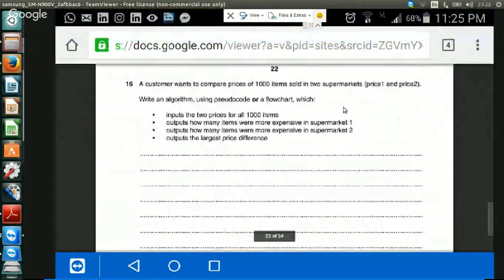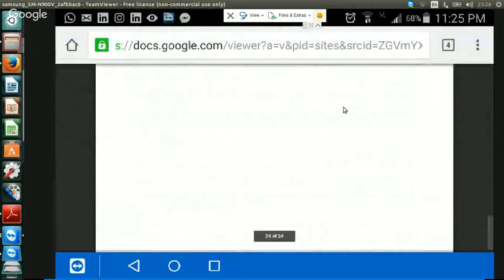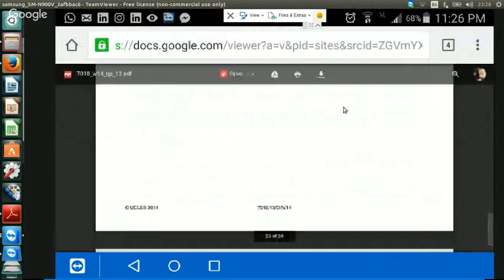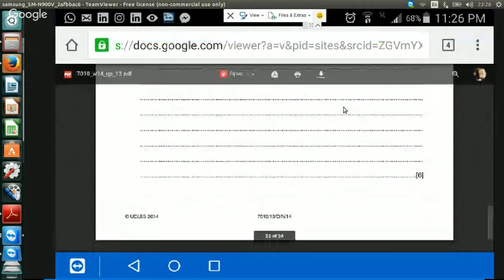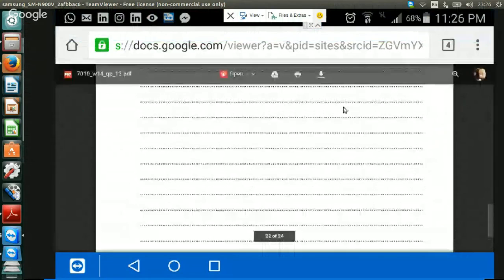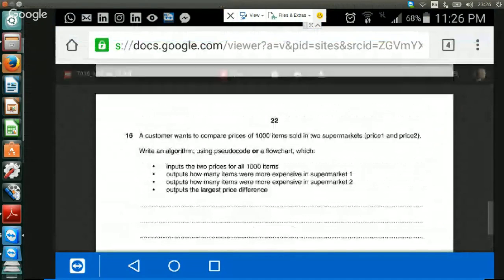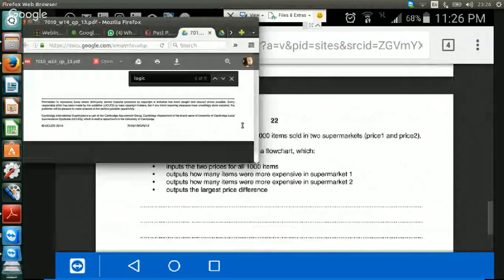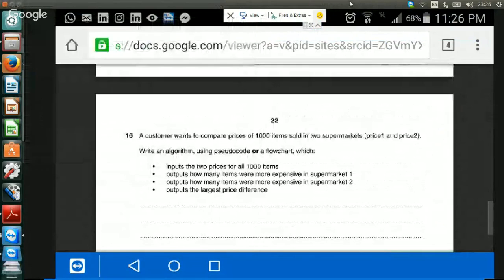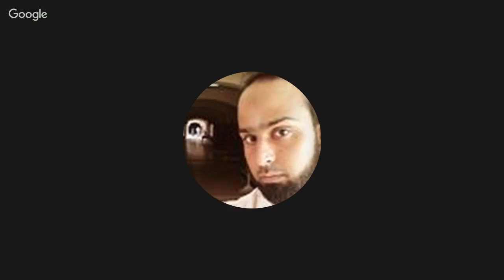This is something else, an algorithm that is basically part of it, that used to come before. Okay, just let me give you one more important thing: how to solve questions like this one.